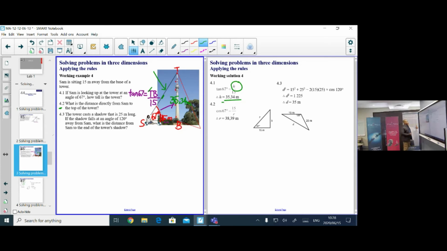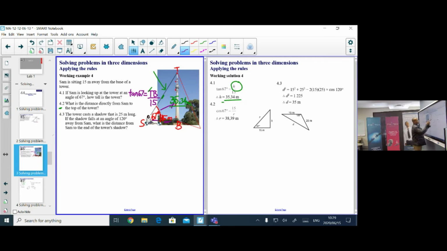Obviously this 35.34 is correct, but the 34 part of it is an approximation, which means we lost some accuracy, and it might slightly affect our answer. So you would rather choose your 67, it's provided in the question, and your 15 is provided in the question, so you use cos.